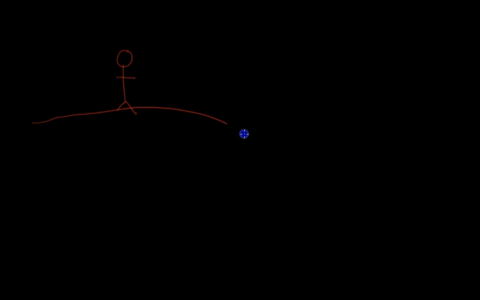And here's Earth. Let's just draw Earth. Okay, that's supposed to be the Earth. And just to put it in perspective, let's say this guy weighs 100 newtons. His body's pushing down on the Earth with 100 newtons of force.